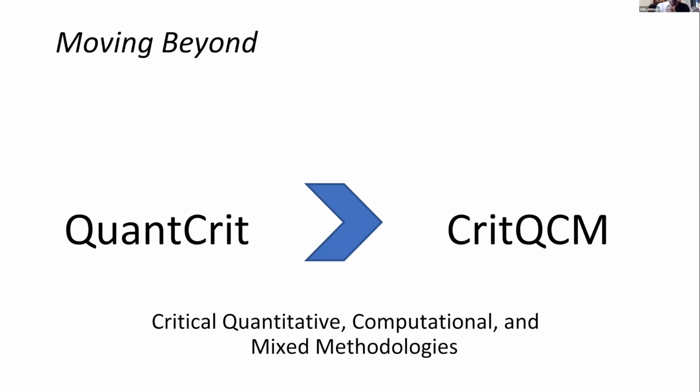However, that QuantCrit framework has been thought to be situated within critical race theory, and Crit QCM suggests that actually there are many more framings that are critical other than critical race theory, or in addition to critical race theory, that really makes up our Crit QCM umbrella.